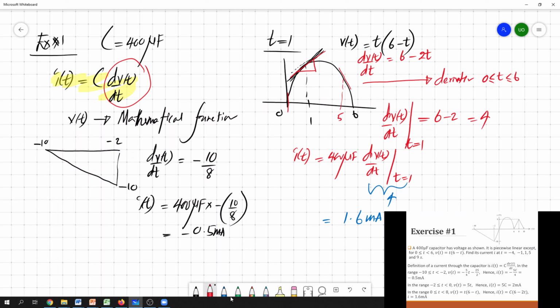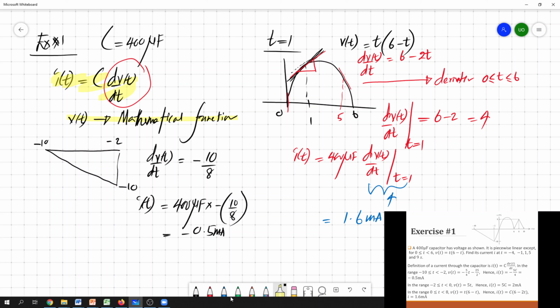So if you can explain the behavior of the voltage function at any given time using a mathematical function, you can easily evaluate the derivative, the d over dt value, and just plug it into the standard equation and obtain the current. So it's very simple. The only thing is you need to find a mathematical function to represent the behavior of the voltage. Then it's easy to evaluate the derivative.